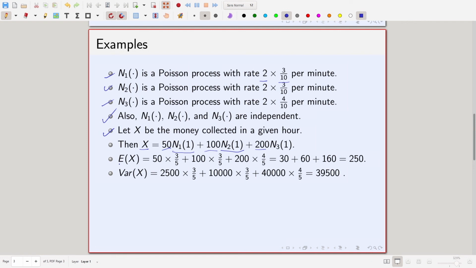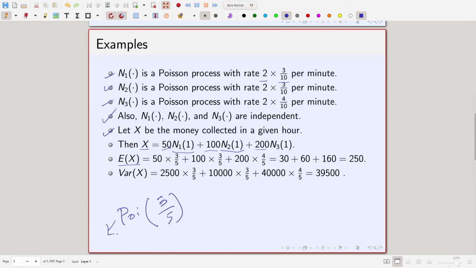So, now it is simple. For the expectation of X, here your N1 has this rate and T is 1. So, basically N1 is Poisson 2 times 3 by 10, which is 3 by 5.